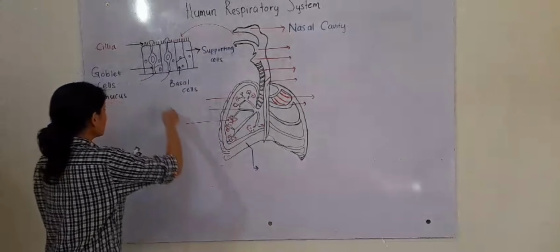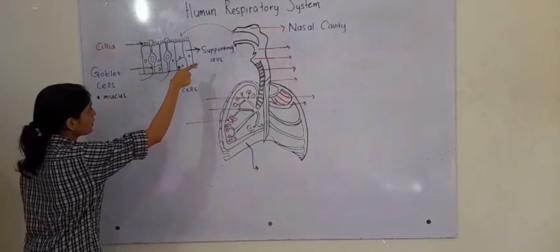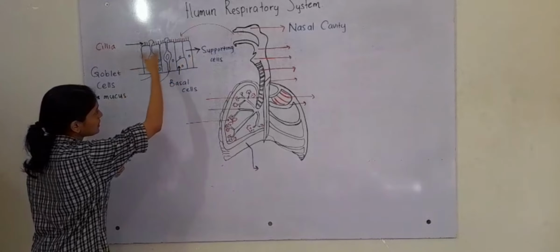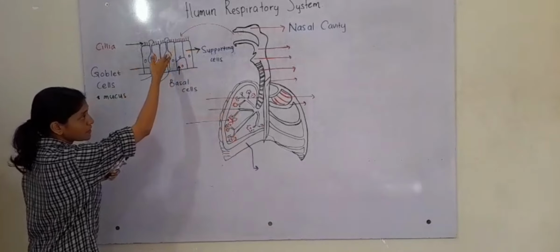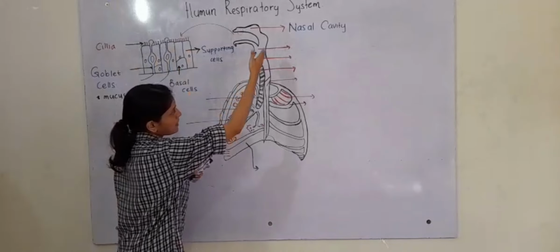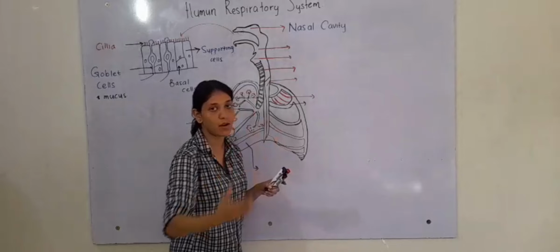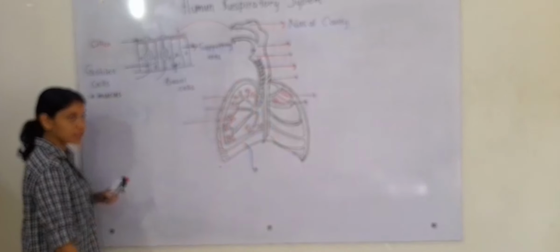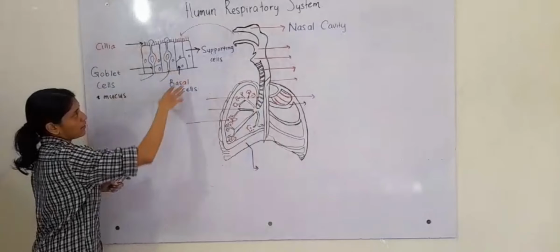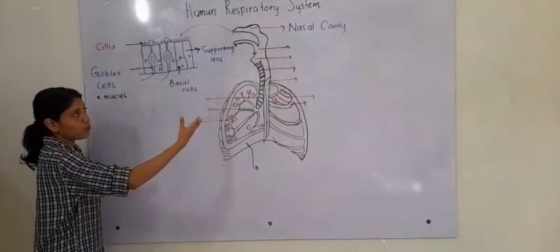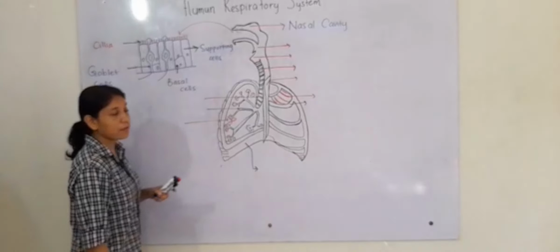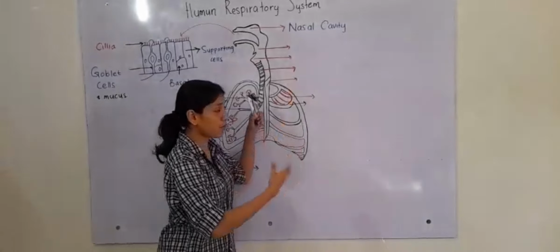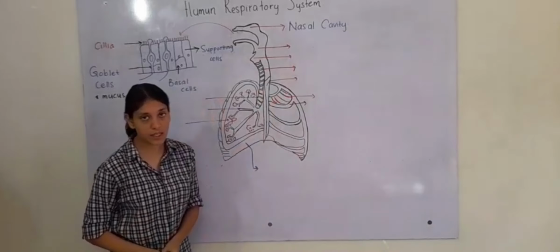So this cilia has a rhythmic movement, and this is called mucus escalation. This is a very important function in removing the foreign substances from the air that you take into your body.